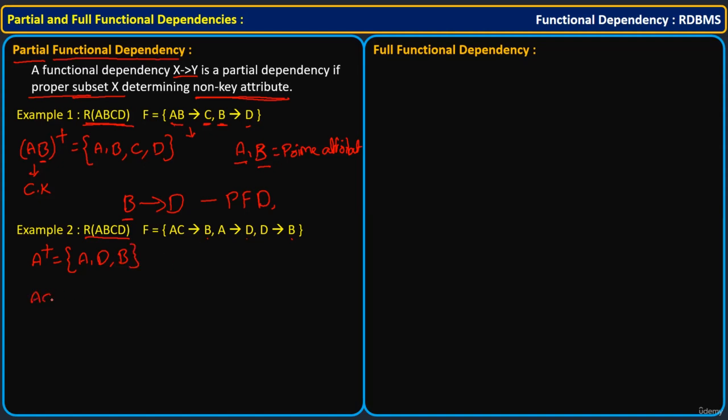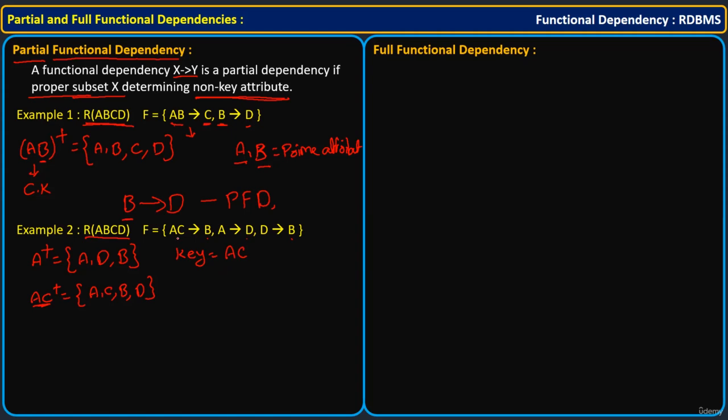So let us find the AC closure. If you find the AC closure, A, C, and AC deriving B, and of course A deriving D. So this is the key. AC is the key.